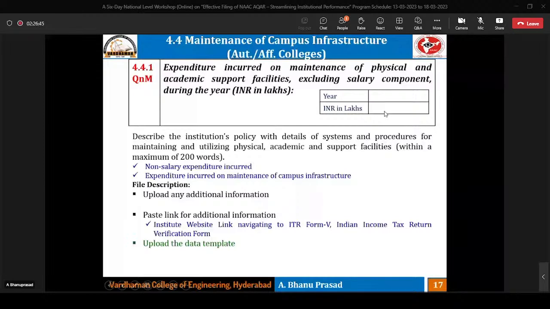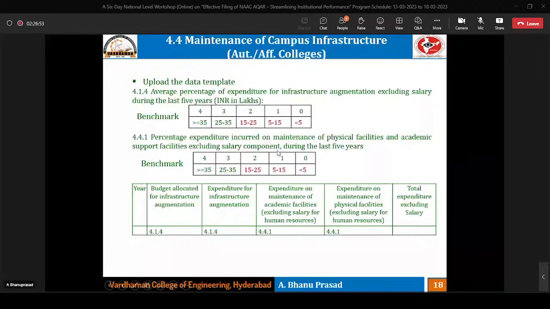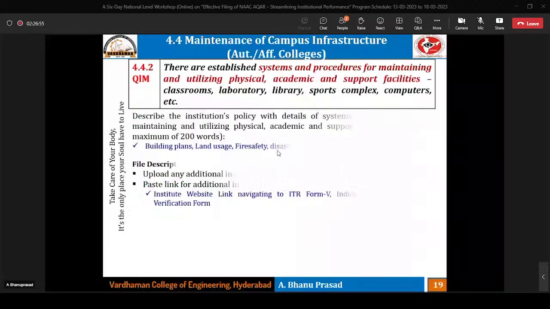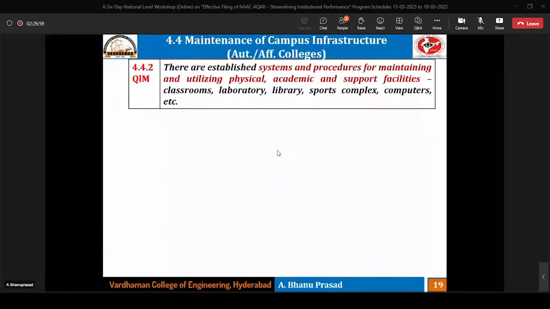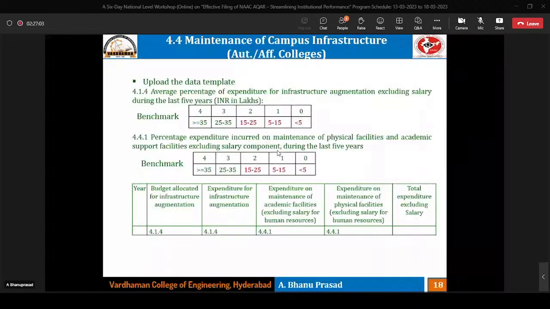This is the QnM, it's not QlM, QnM. So one second. Right. So it is related with the data template. As we said, the data template with 4.1.4 and 4.4.1.